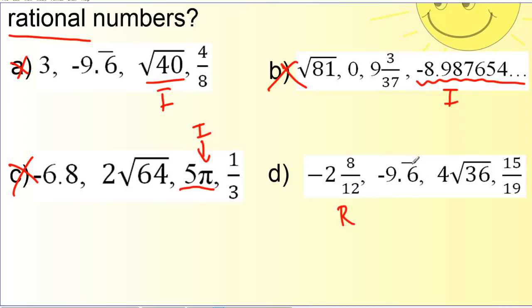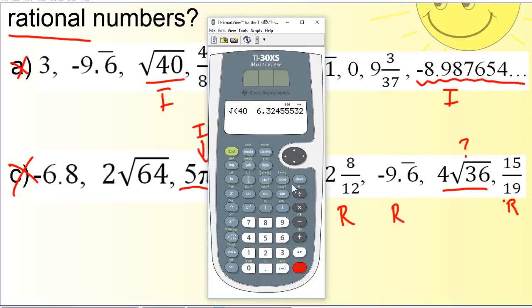This is a repeating decimal. That's okay. That's a nice, pretty number. Good. This one, I'm not so sure about yet. This is a fraction. 15/19. It's an ugly fraction. If I take 15 divided by 19, it's not going to be so pretty. But I can tell because it starts as a nice, pretty fraction.